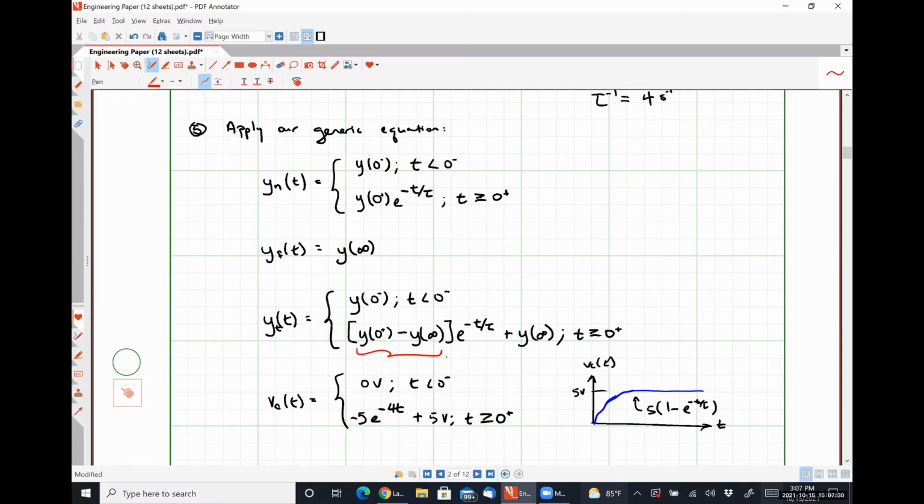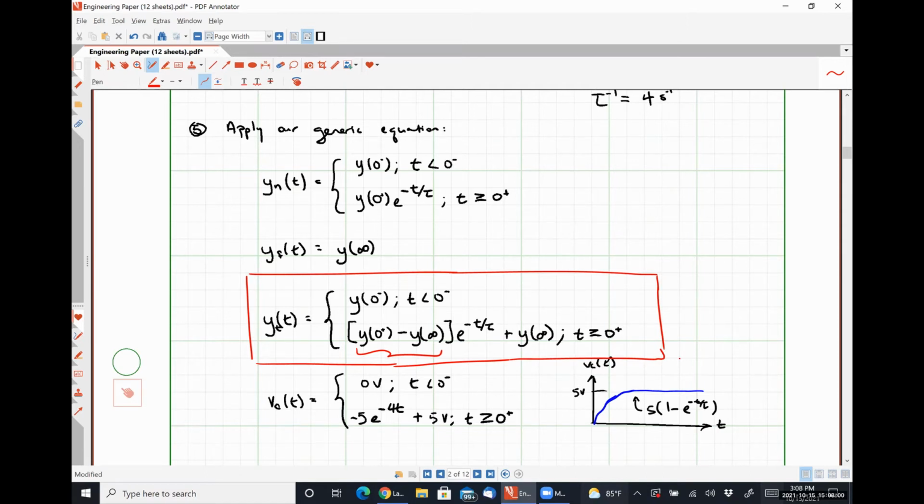That change right here is actually required for all signals, okay? So this is our generic formula now. We're determining the response for any and every voltage and current signal in a first order transient analysis problem.